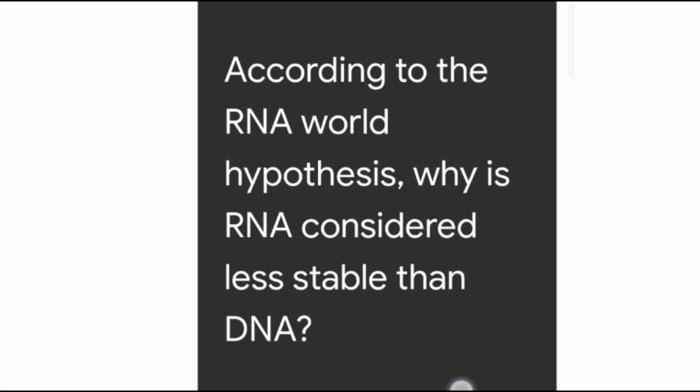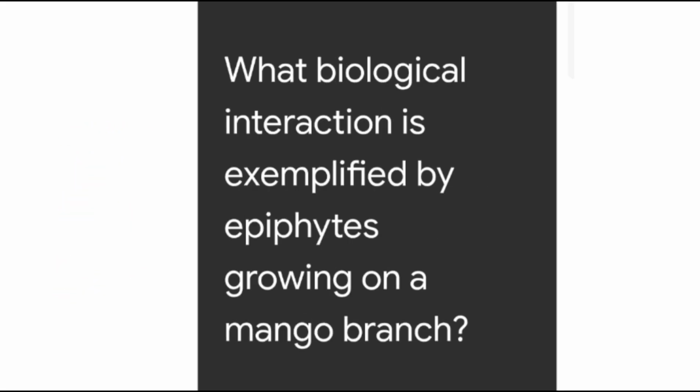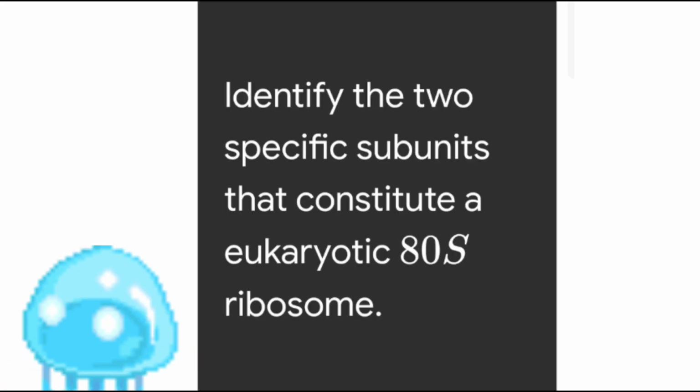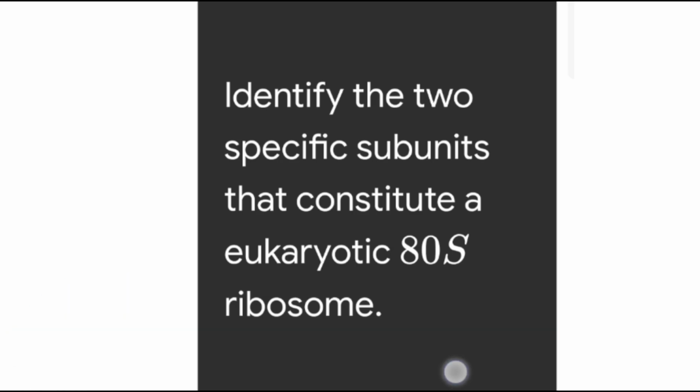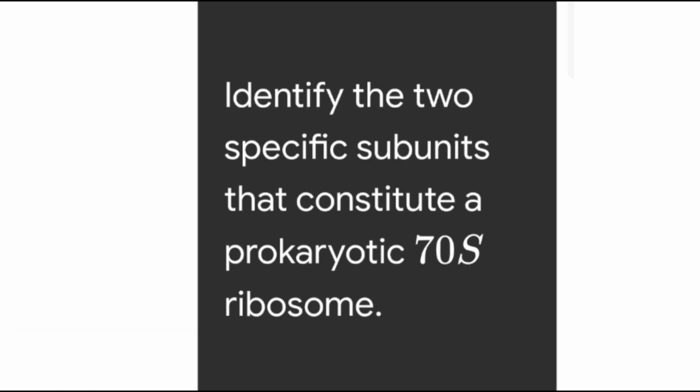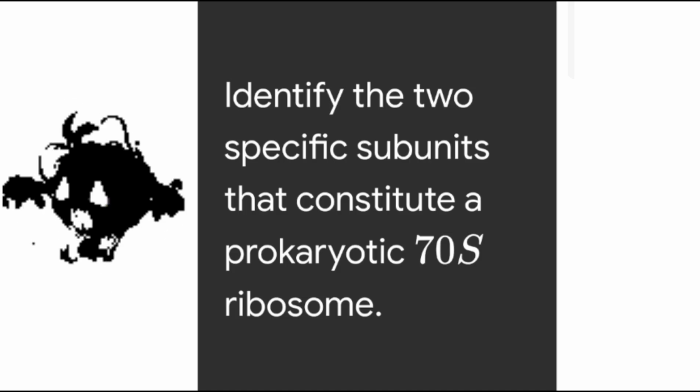What biological interaction is exemplified by epiphyte growing on the mango branch? The answer is commensalism. Identify the two specific subunits that make up the eukaryotic 80S ribosome: the 60S and 40S. Identify the two specific subunits that make up the prokaryotic 70S ribosome. That is 50S and 30S.